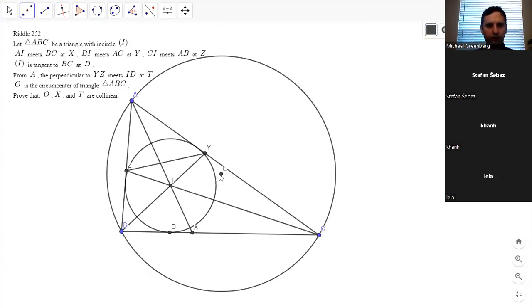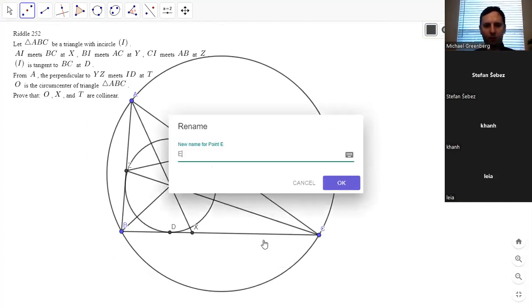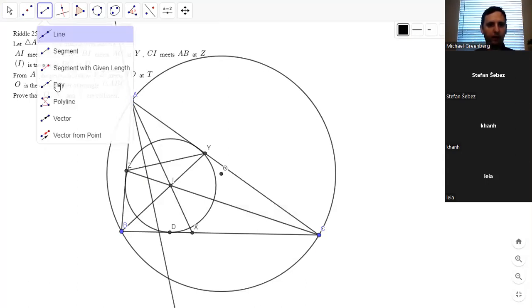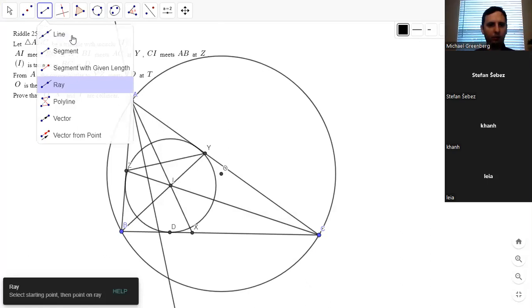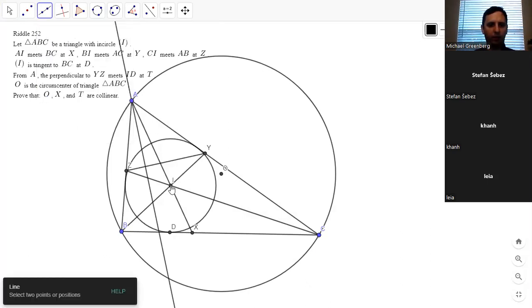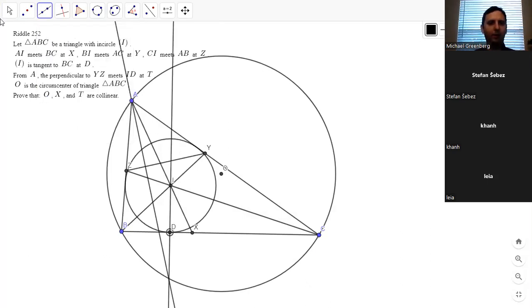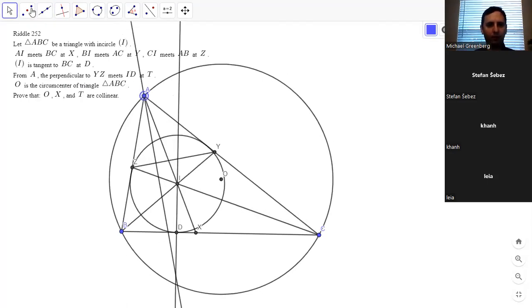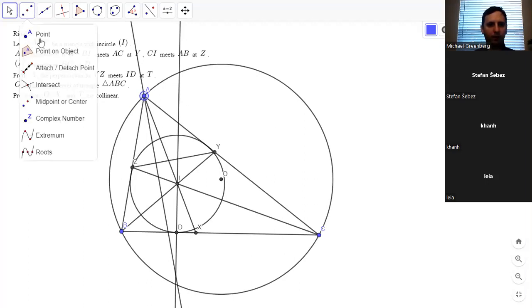That looks pretty nice. So this is O. And then you draw this perpendicular to YZ, and you see where it meets IB. I'll draw the whole line, because often the whole line is useful. I don't think it meets on the circle, so I think that's just an illusion. Yeah, so for example, here it meets right there.